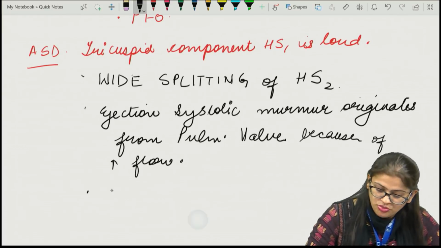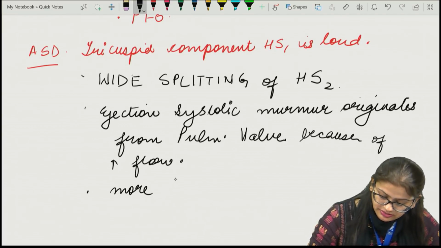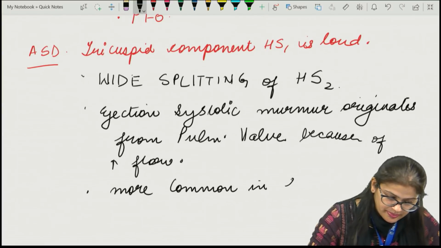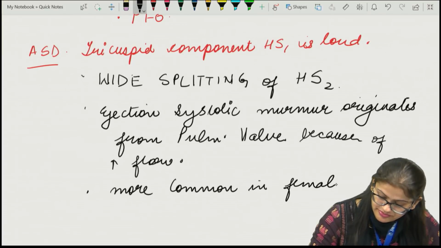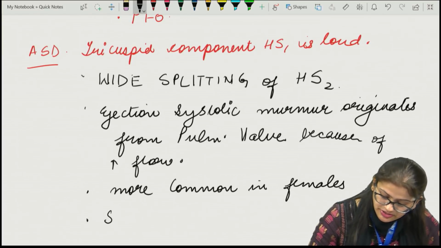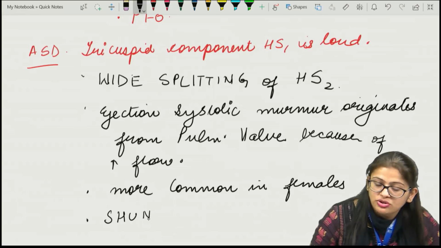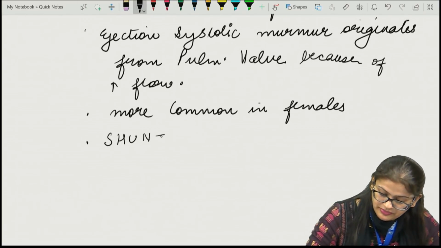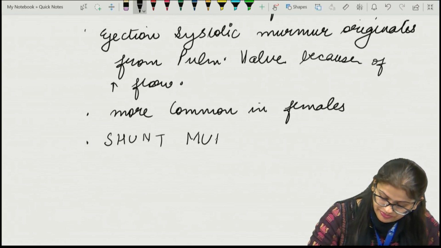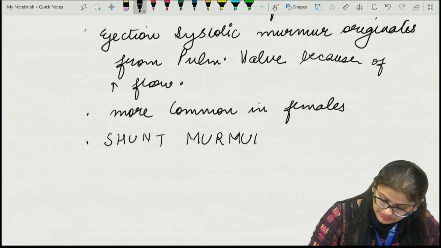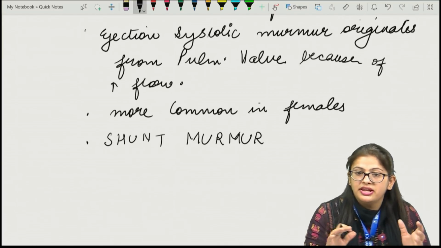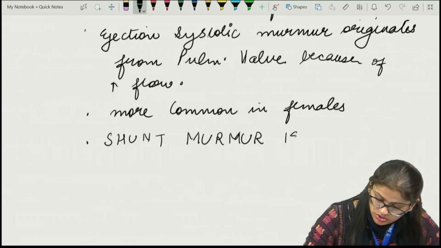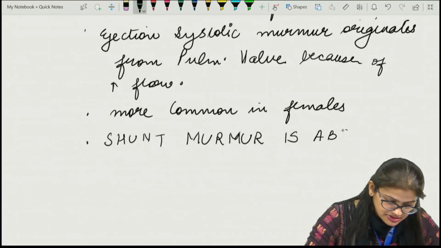This condition is more common in females. And the shunt murmur is absent in case of ASD, because the pressure difference is very small between the two atria. So the shunt murmur is absent.